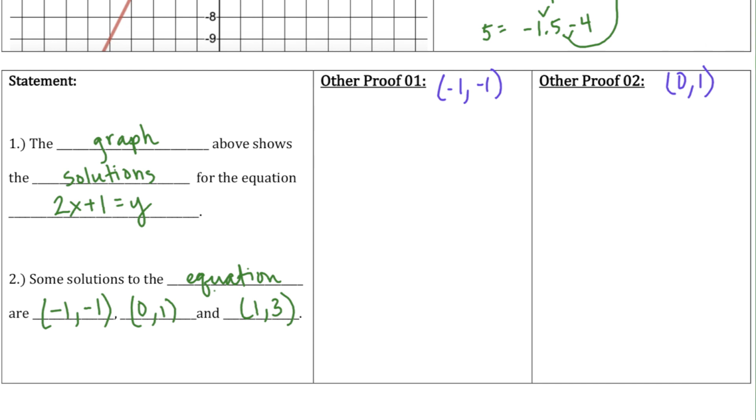So let's write our equation. 2x plus 1 equals y. I don't know why I put (0, 1) here when I said I was going to stay away from it earlier. I have problems, apparently. I could put it, but I want to stay away from it. Okay, 2x plus 1 equals y.